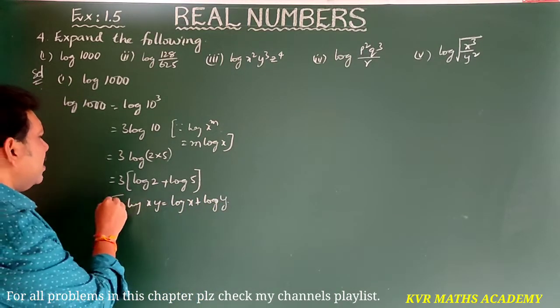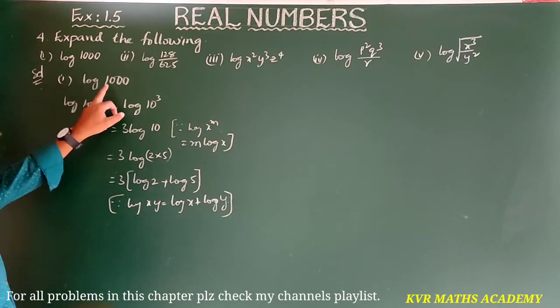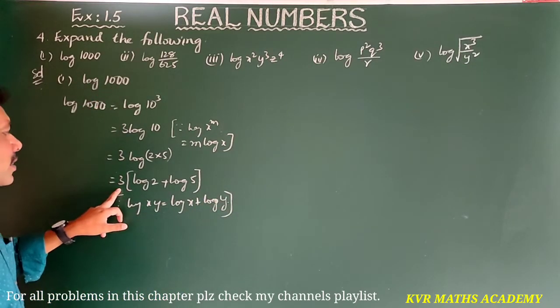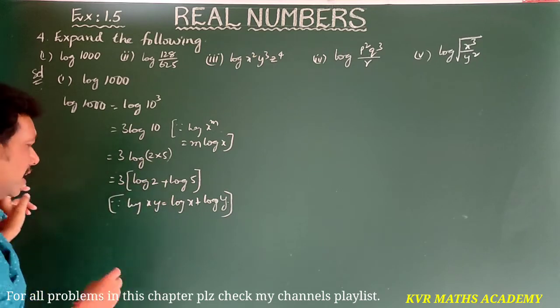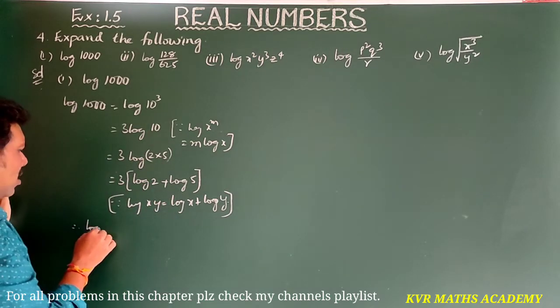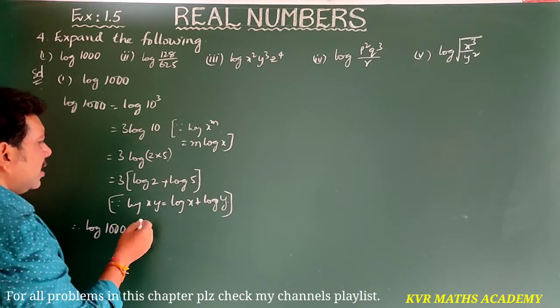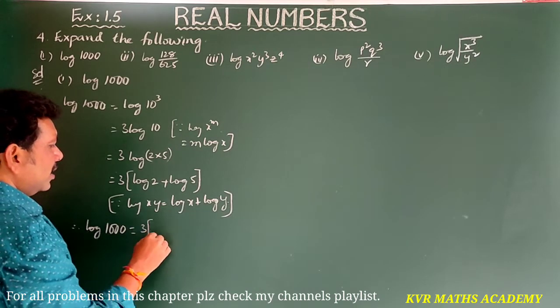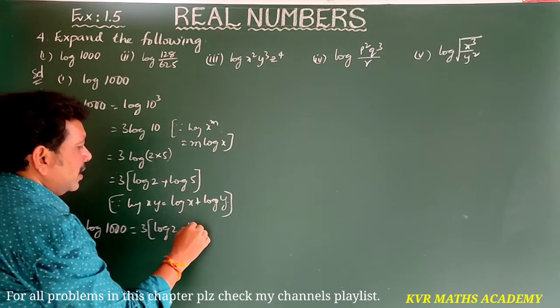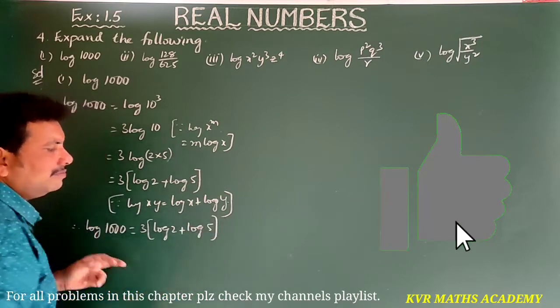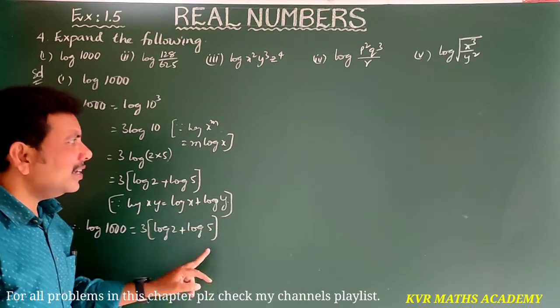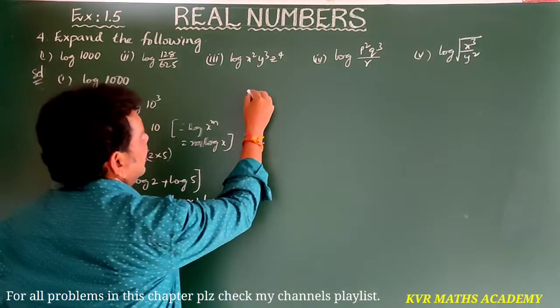So the expanded form of log 1000 is equal to 3 into log 2 plus log 5. Understood clearly? Yes, coming to the next one.